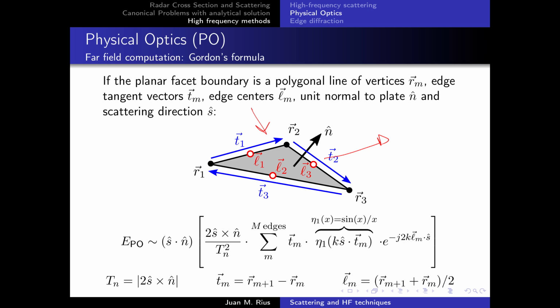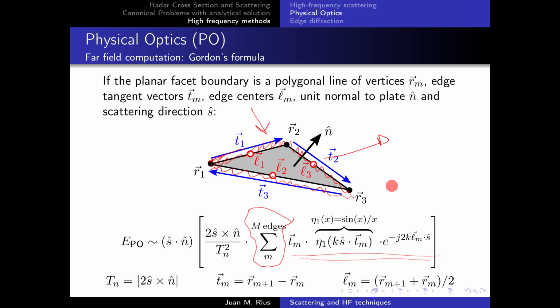The phase monotonically increases or decreases, but there is no point with the derivative of the phase equal to 0. In this case, there is no contribution from the specular reflection point, and the whole contribution comes from the limits, here, here, and here. The whole contribution comes from the limits, because this is just a summation of the integral along the edges. Okay?